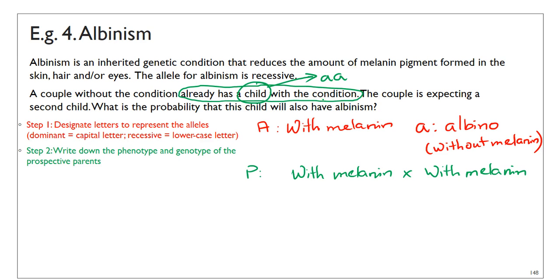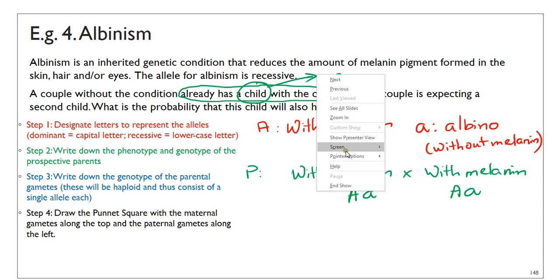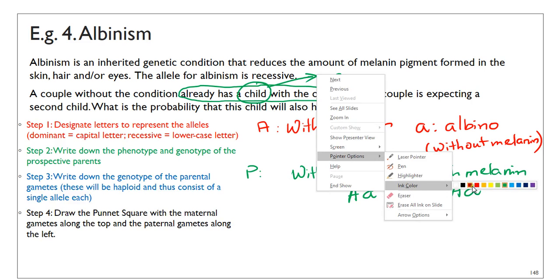So if you work backwards, if the child already has the condition, then each parent must have one allele for albino. And because the parents don't have the condition, they must also have one allele for the melanin as well. So the parents have to be heterozygous at this trait in order for them to have a child who has the condition.